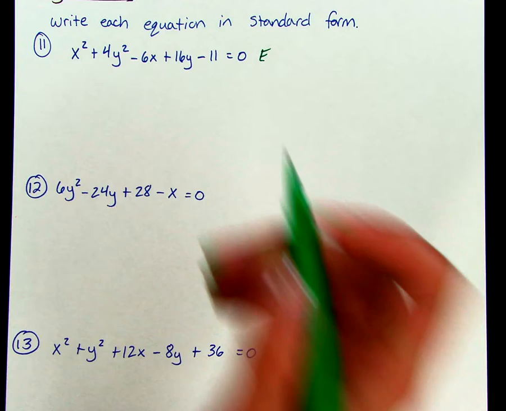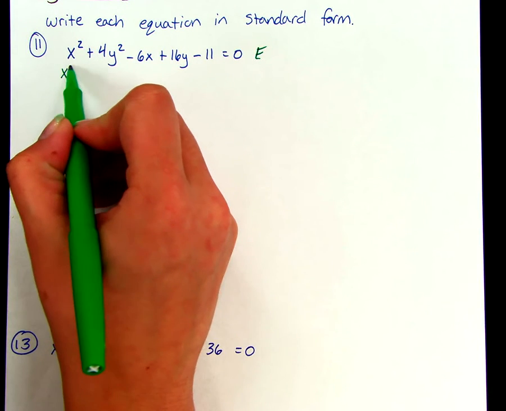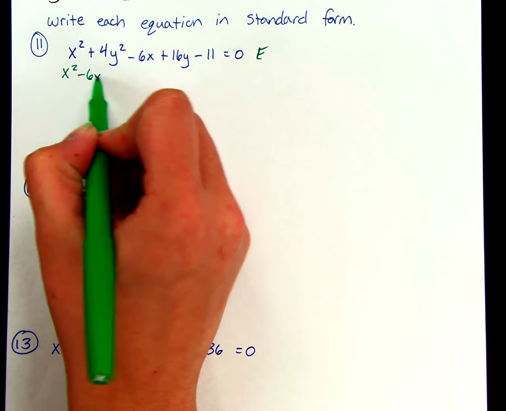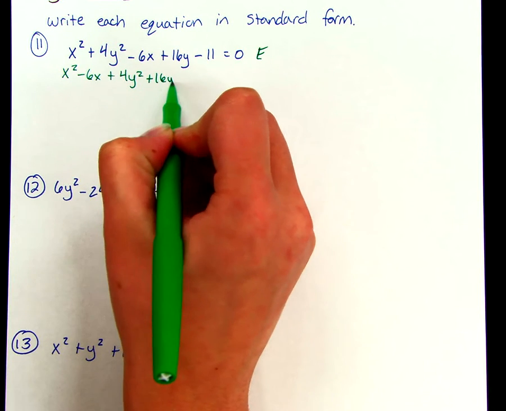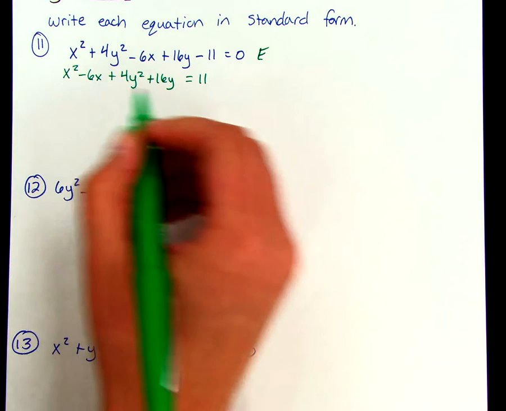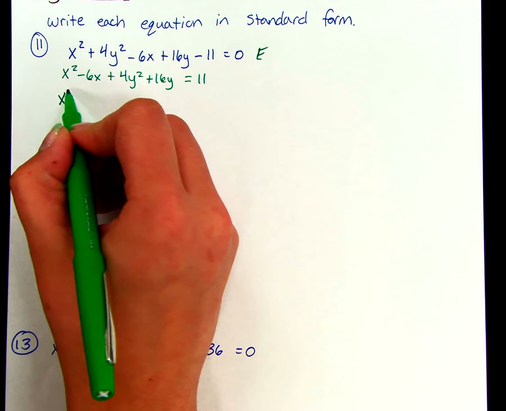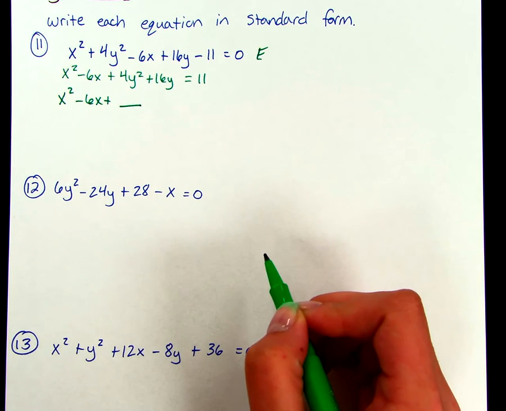Okay. So I'm going to start by grouping x's and y's together. So we will have x squared minus 6x plus 4y squared plus 16y, and then we're going to add the 11 over. So the x's I don't need to worry about factoring, so that'll be x squared minus 6x. Leave room to complete the square.